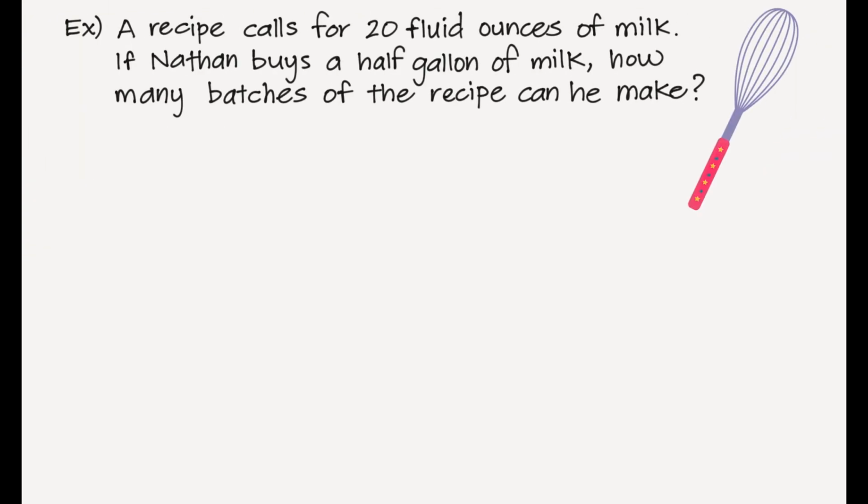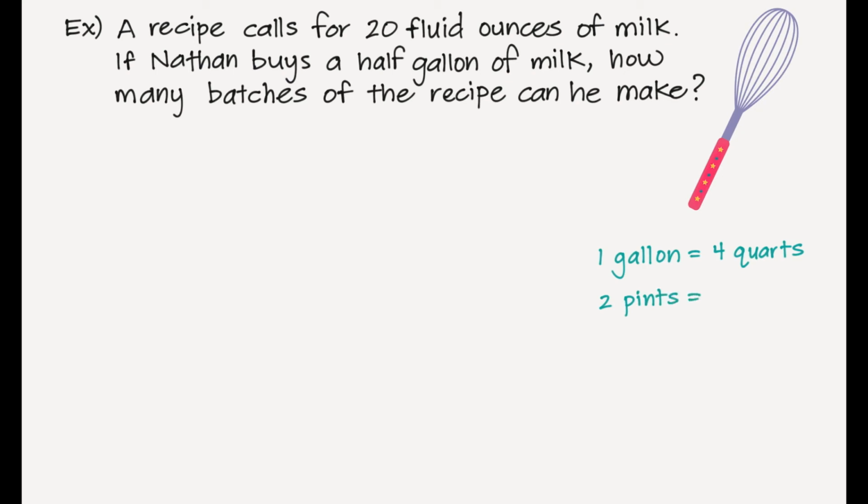Our next example says a recipe calls for 20 fluid ounces of milk. If Nathan buys a half gallon of milk, how many batches of the recipe can he make? So there's a few conversions that we need to know. For instance, we need to know that 1 gallon is equivalent to 4 quarts.